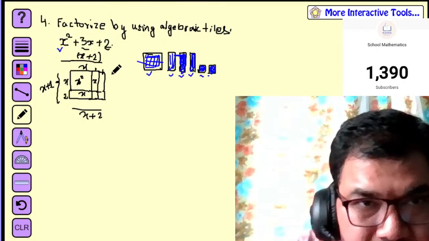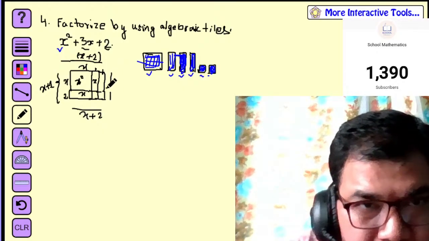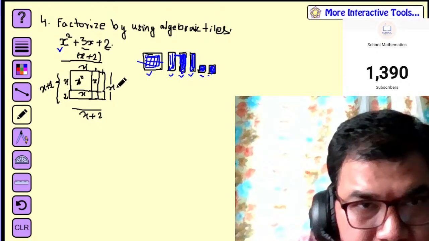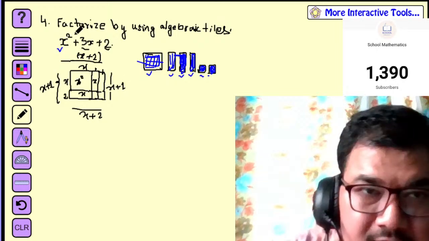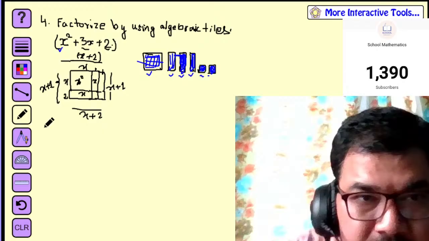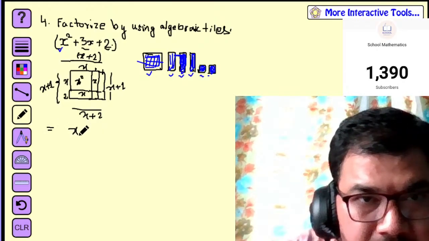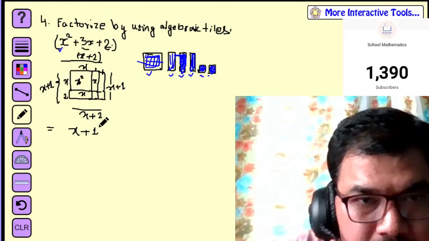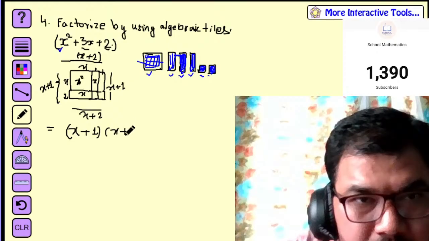And this side, what is this one? This part is x and this part is 1, and it has become x plus 1 here also. This is the factorization of that expression. One factor is x plus 1, and another factor is x plus 2.